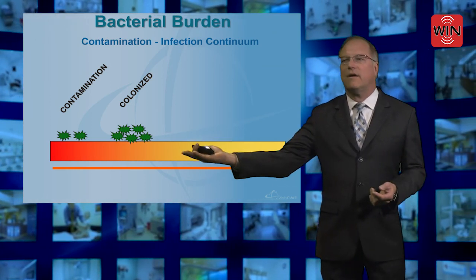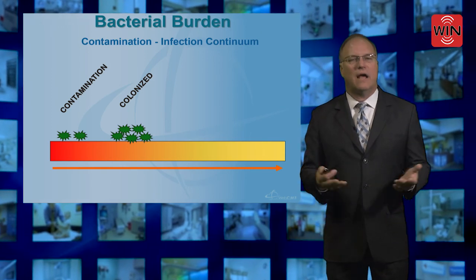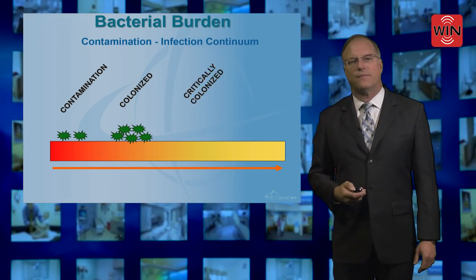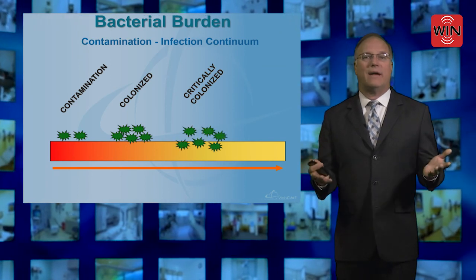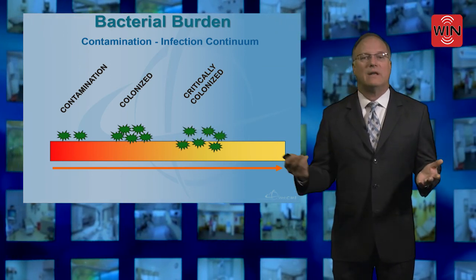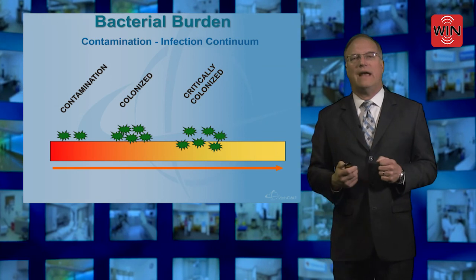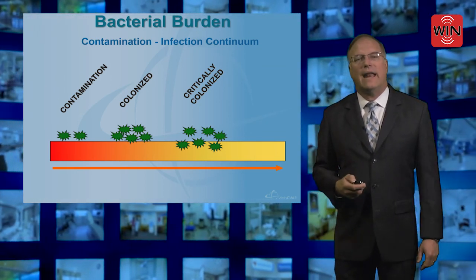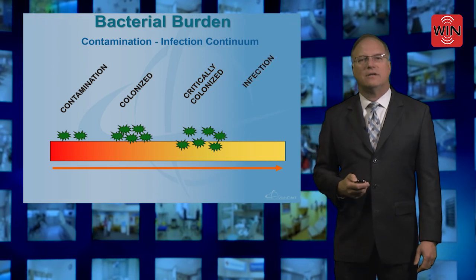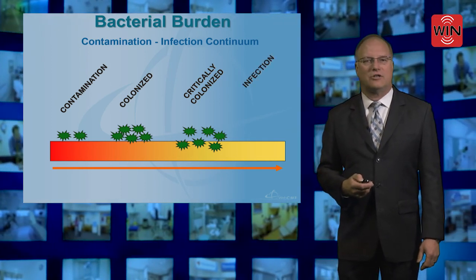But you notice they are not invading the tissue, they are not causing a host response. When we get critically colonized, not only do we have the presence of bacteria with replication, but now these bacteria are starting to invade the tissue and elicit a host response. And as we mentioned, critical colonization is typically synonymous with infection.